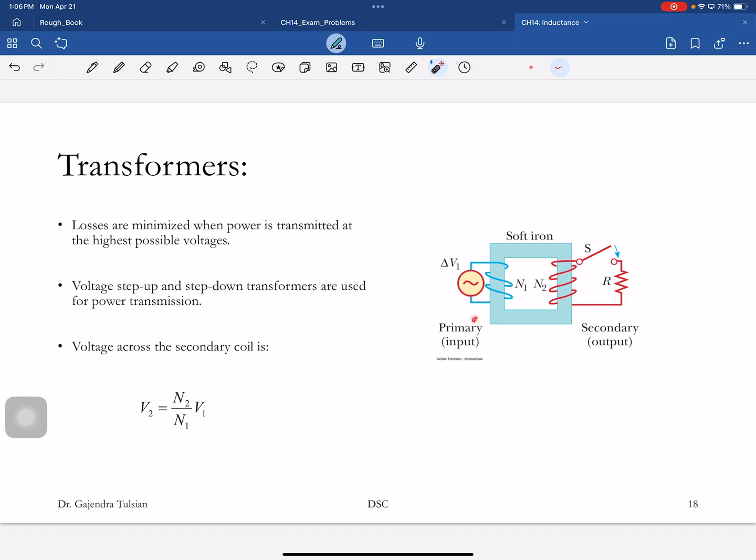What the transformer does is the output voltage in the secondary coil is N2, the number of coils on the secondary coil, divided by N1, the number of coils in the primary coil, times V1. All right, let's do the following. Let's say this thing has 10 windings, and this thing has 10,000 windings.